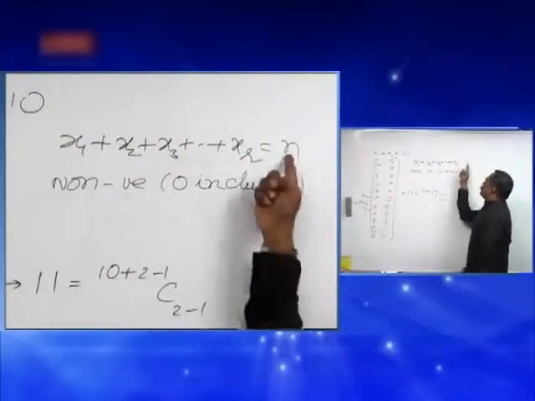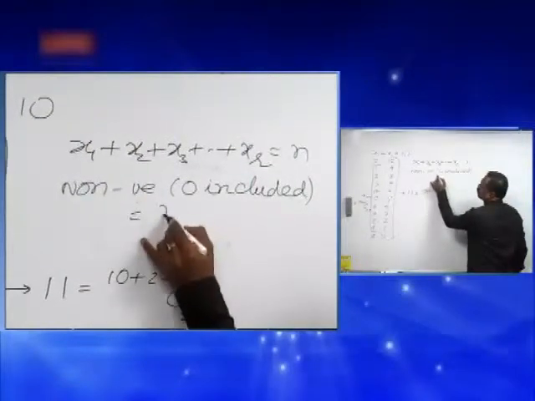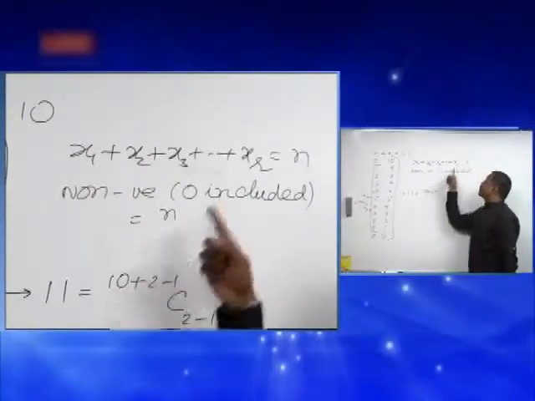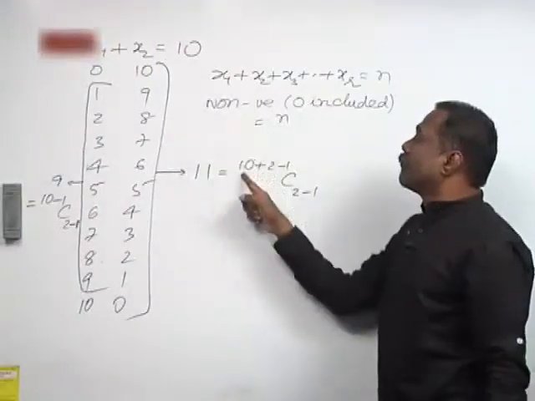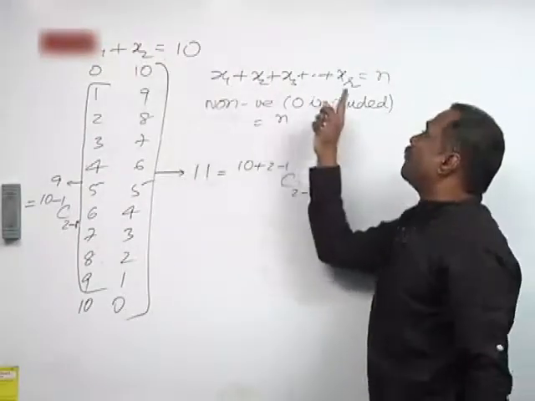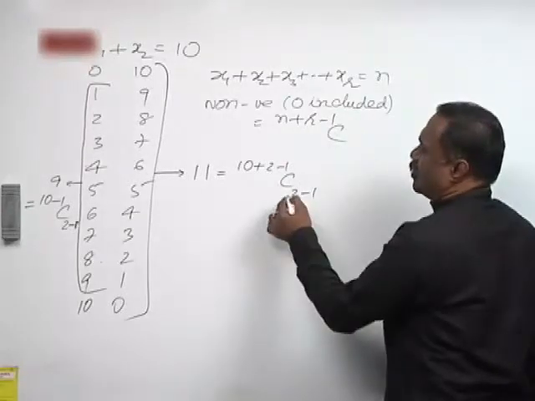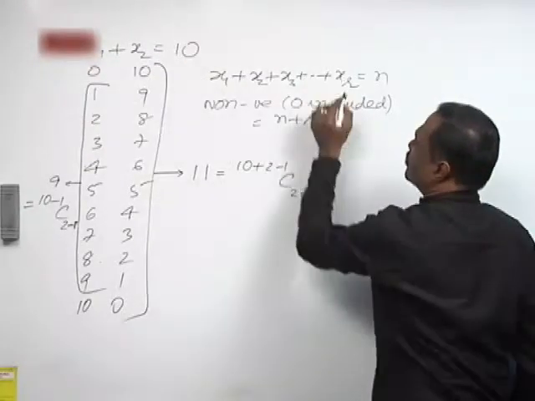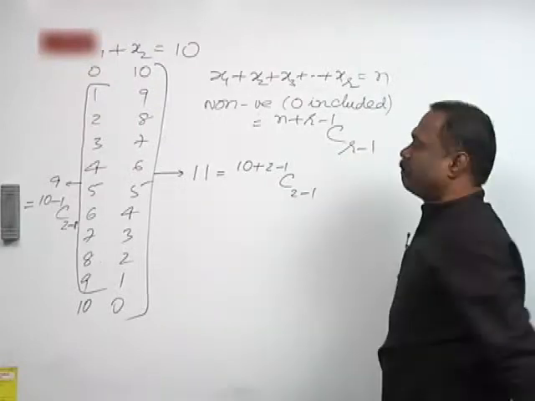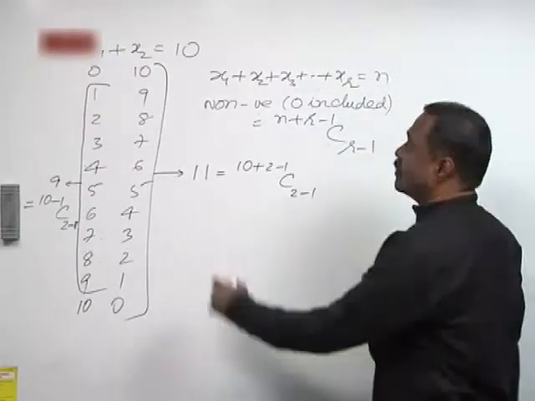In place of 10 you have n, in place of 2 you have r. So it is n plus r minus 1 C r minus 1. This is the number of non-negative integral solutions.